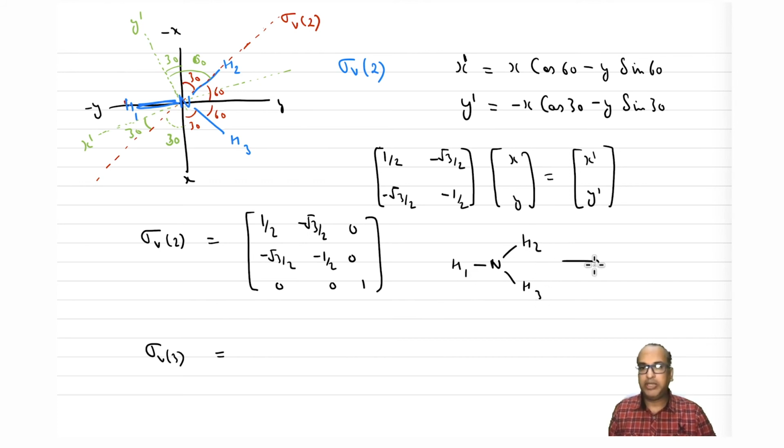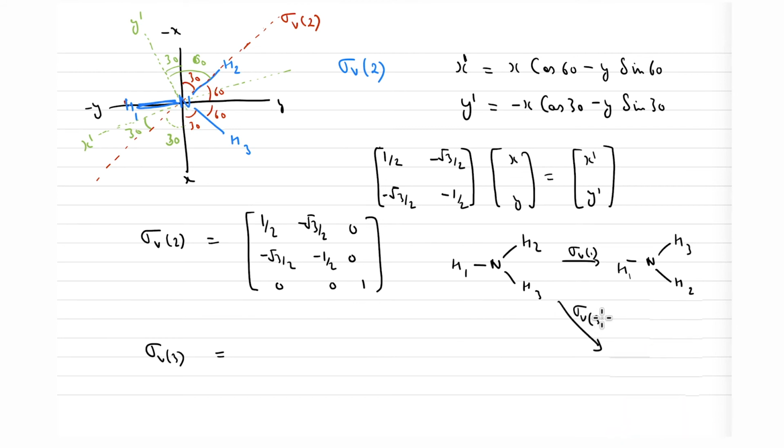If I'm doing sigma v1, I get 3, 2, and if I'm doing sigma v3 it will give NH3 with H1, H2, right? So H1 and H2 will be reflected.